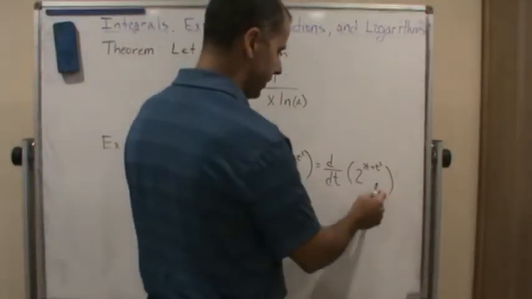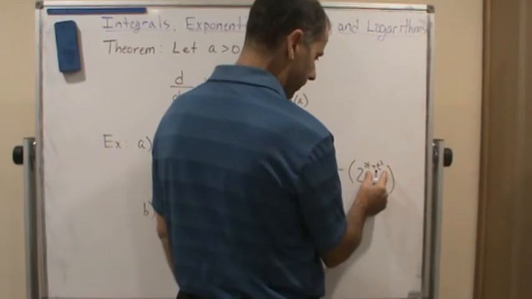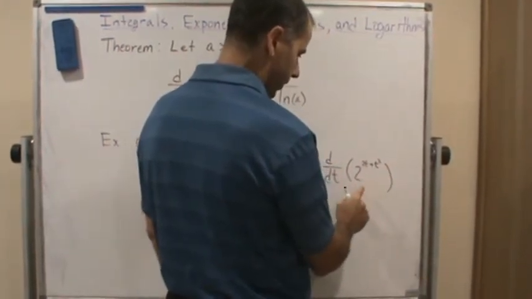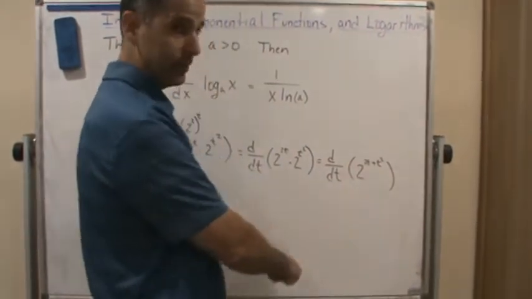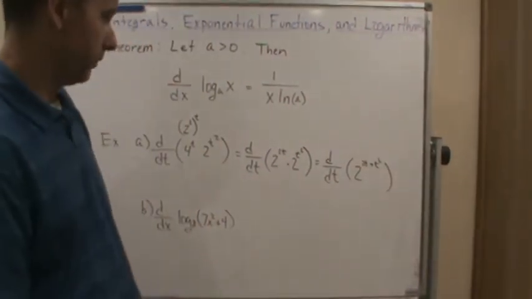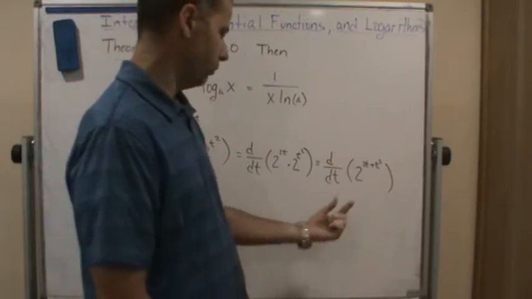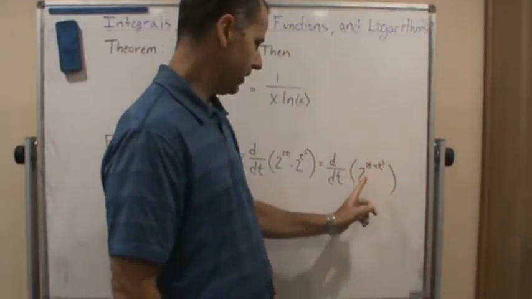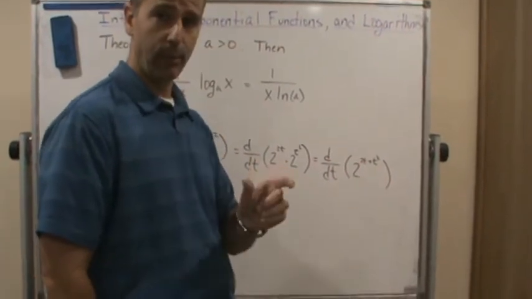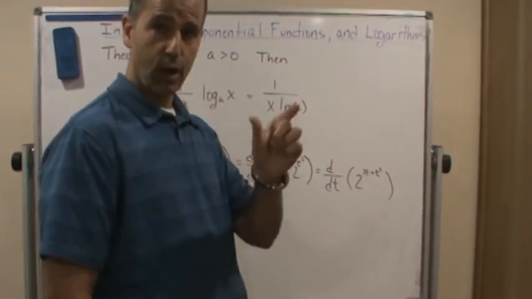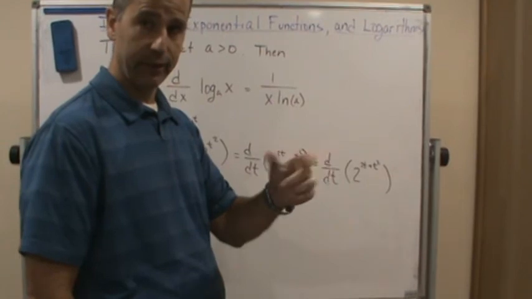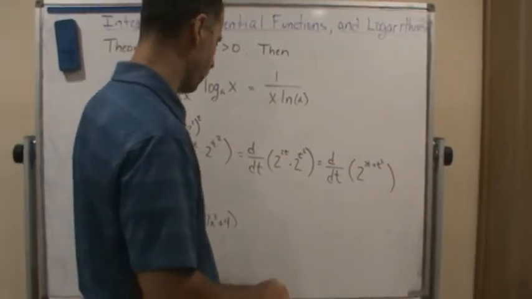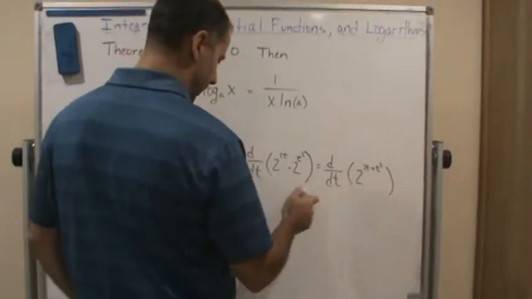Here we're going to multiply by the derivative of the inside function times the derivative of the outside function, but then we also have to multiply by the natural log of the base, which in this case is 2. Now if it was e to this, then we wouldn't have to worry about it, because the natural log of the base, the natural log of e, would just be 1. So this also works for that case as well. But in this case, we have the base as 2.